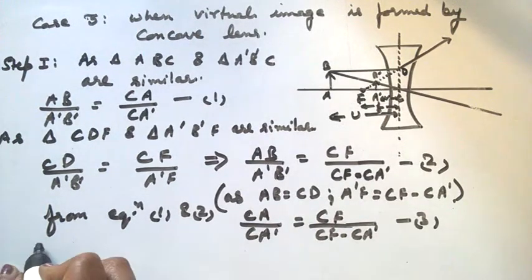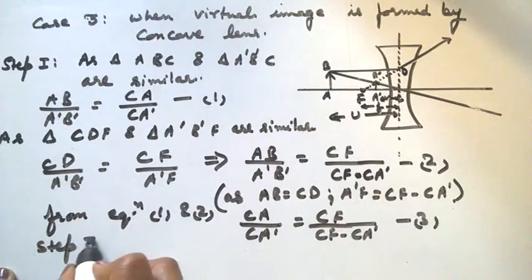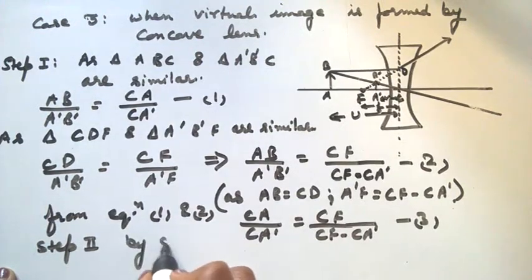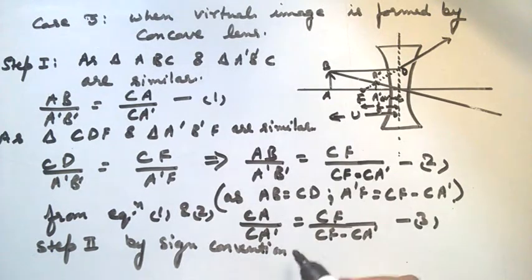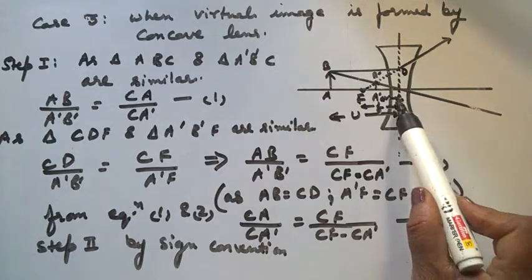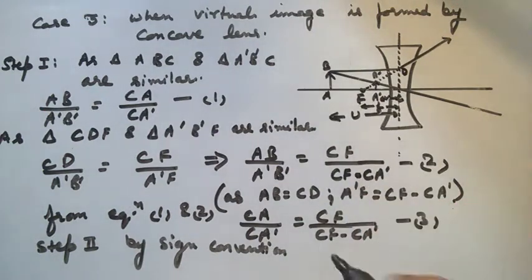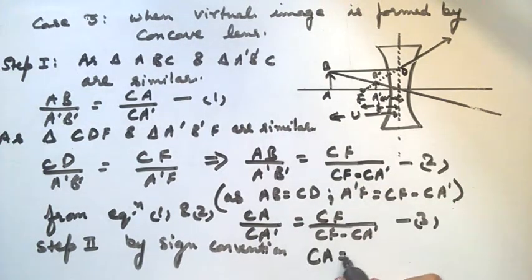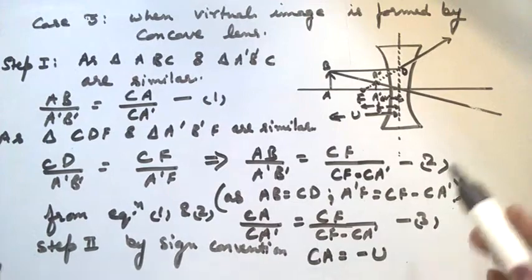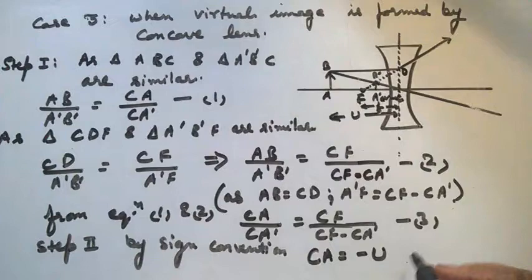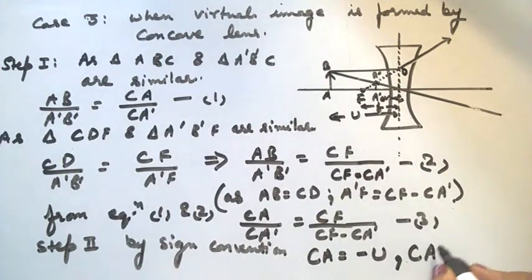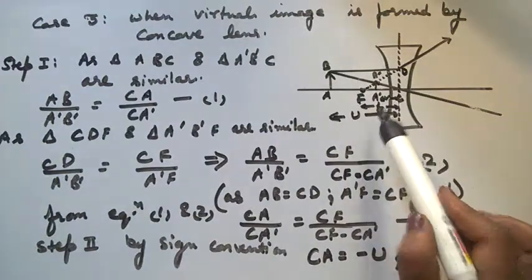As the second step is by sign conventions, we can see that CA is equal to minus U and CA dash here is minus V. CF is equal to minus F.